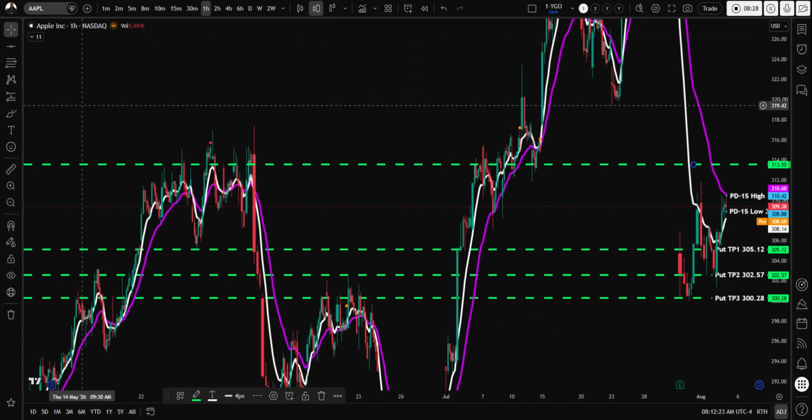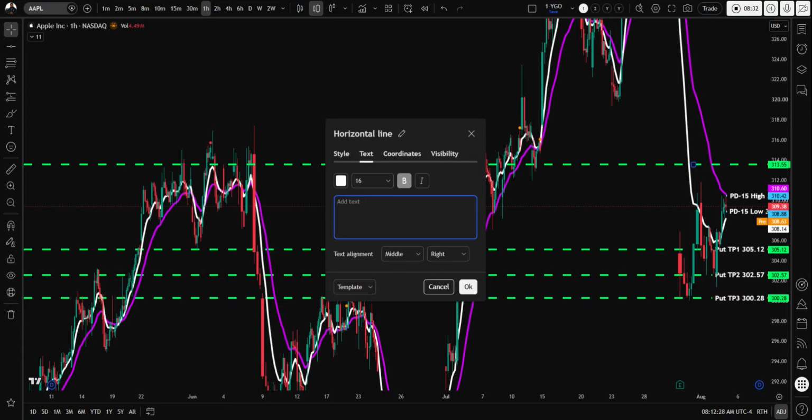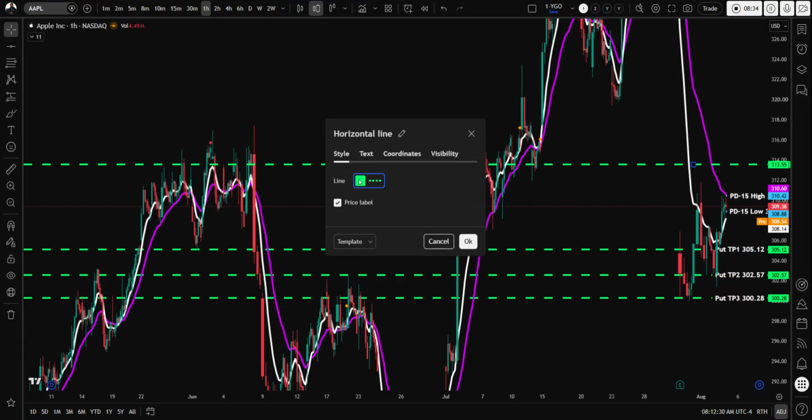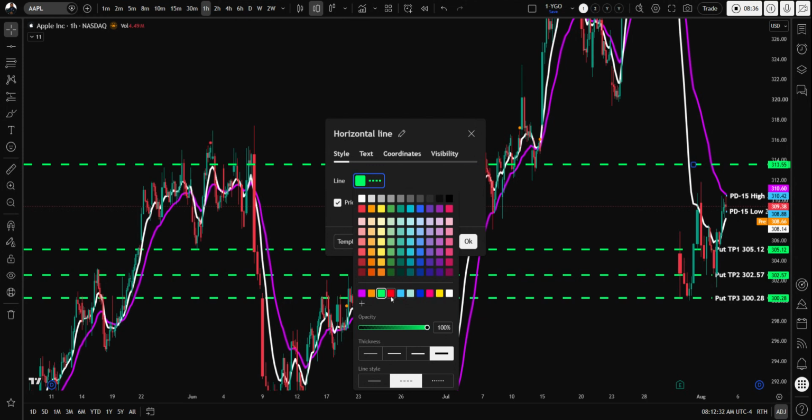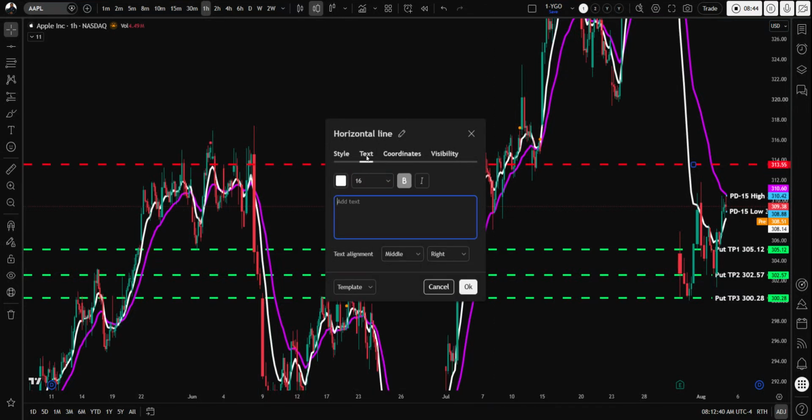I changed the color here to red because for me that signals resistance, meaning once it hits this take profit, it could come back down. Like throwing a ball up, once it hits the ceiling, it comes back down. So I use the red to let me know I need to take some profit here.